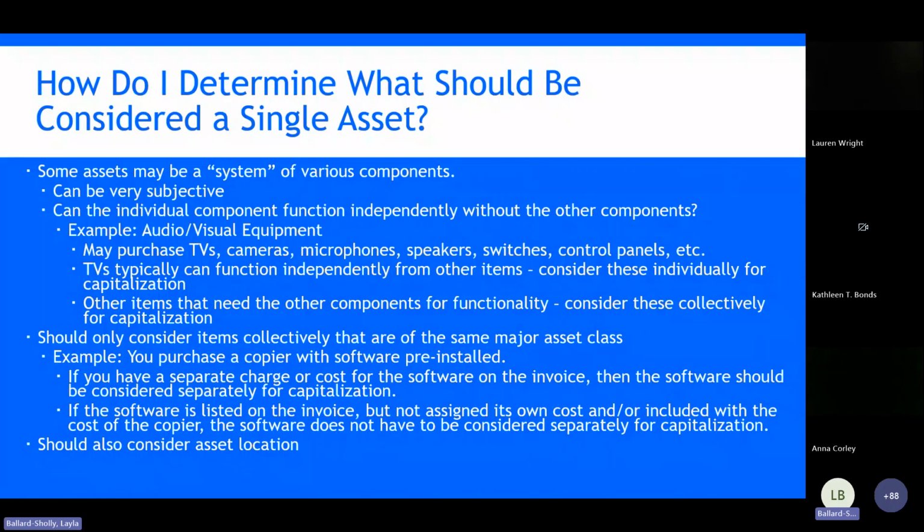2, you need to determine what major asset classes each of the components you're purchasing should be classified as, and then determine capitalization by asset class as well as the individual assets. And you need to keep in mind where the asset is located as you determine the individual asset.